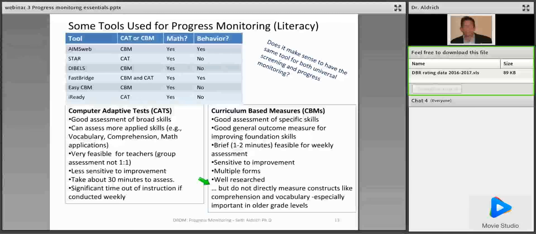Those are typically the assessments referenced. Because they've got some norms, we've got norms for growth, there's a lot that has to do with the CBMs. I am going to focus mostly on these CBM measures because they really are the most frequently recommended tool for progress monitoring.